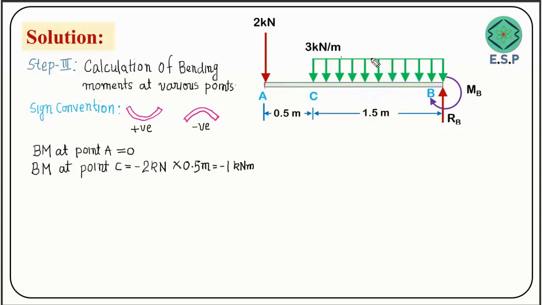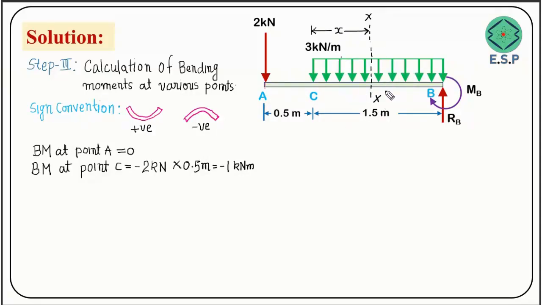First we will consider an arbitrary section plane somewhere here, at a distance, let's say, x meters from point C. I am calling this plane capital X. As we move towards B, this plane will move towards the right, starting from point C up to point B, so the value of x also is going to change.